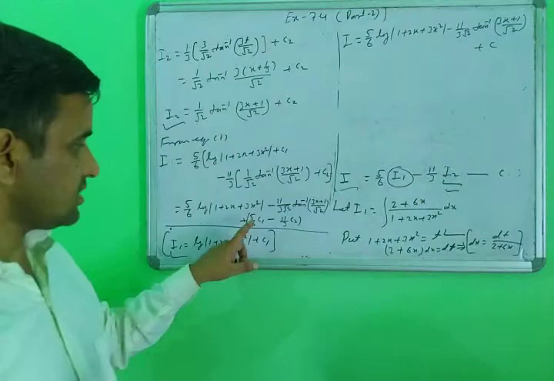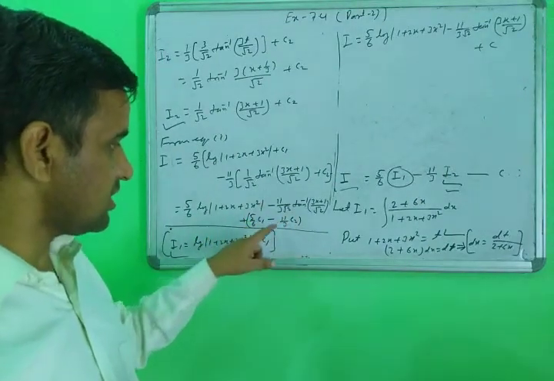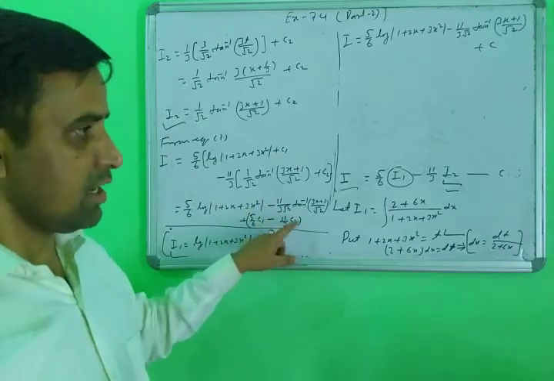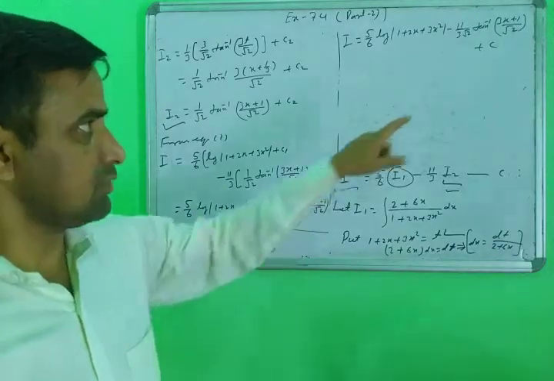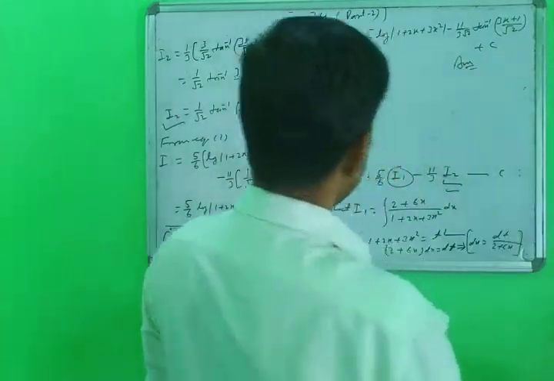When you calculate 5 upon 6 c1 minus 11 upon 3 c2, both are constants, so the result becomes c. So this is your final answer.